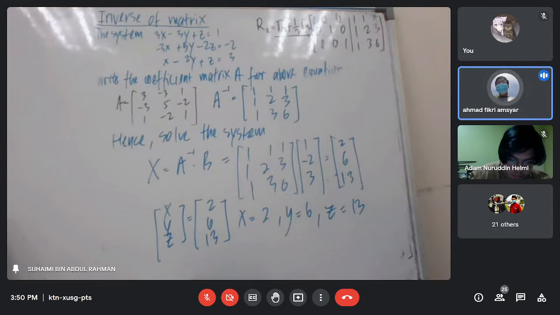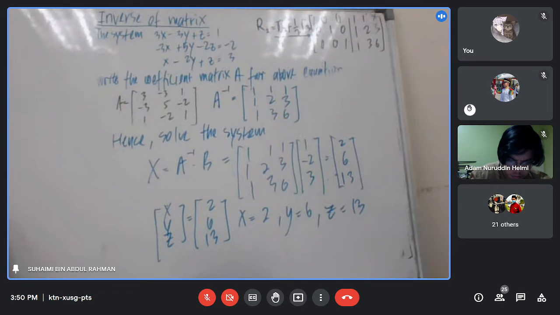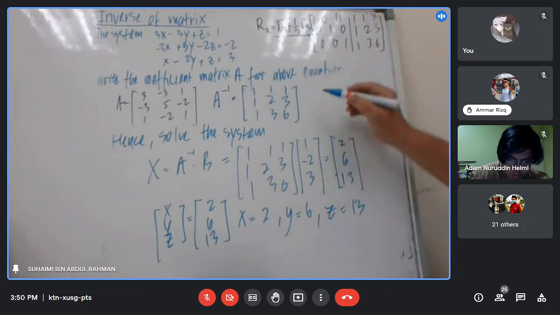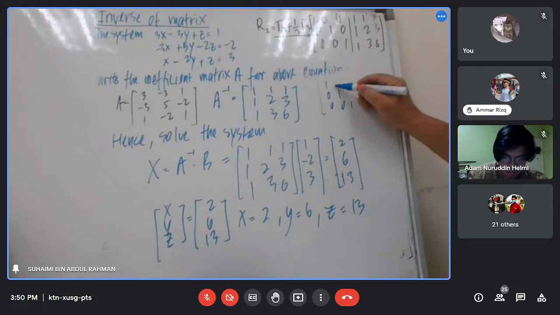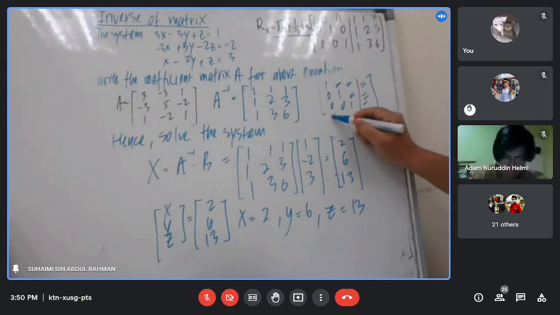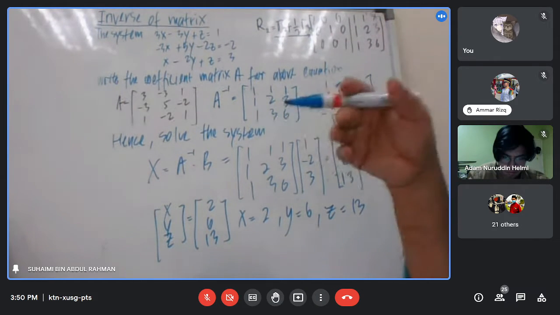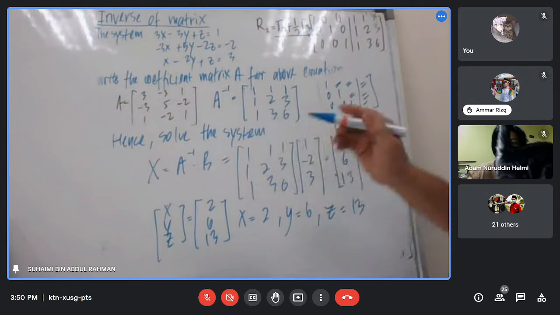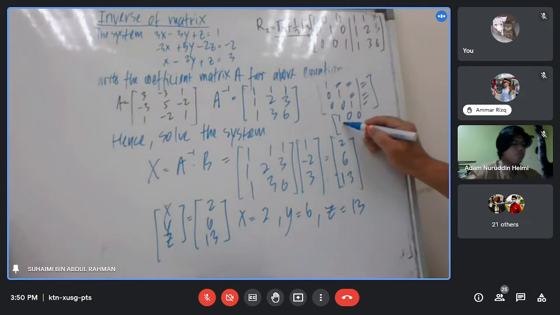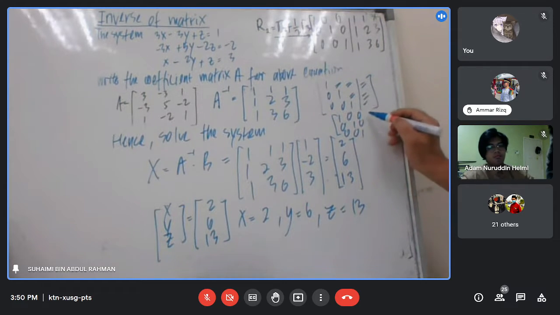So the Gauss-Jordan is for looking for the inverse, right? No. Gauss-Jordan is to solve the system, but not for looking at the inverse. Gauss-Jordan is like Gauss, but Gauss only gives 1, 0, 0, 0, 1, 1, and we have the value there. But Gauss-Jordan, we didn't have the question of Gauss-Jordan in the quiz last time. Gauss-Jordan gives 1, 0, 0, 0, 1, 0, 0, 0, 1.